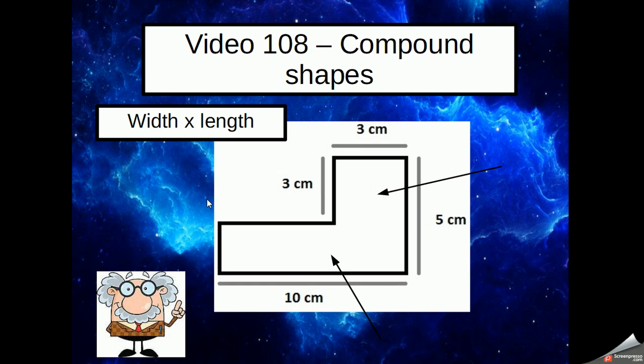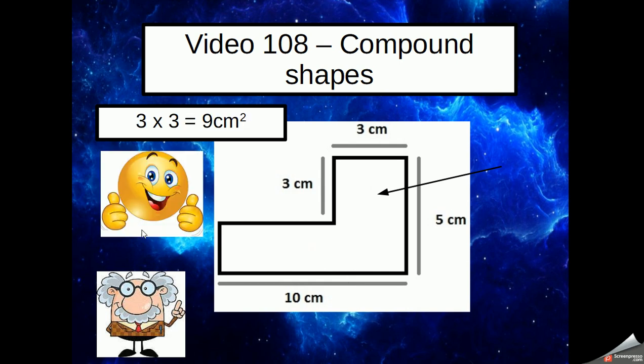So what if we wanted to work out the area of this shape? Well, we know that the area of a rectangle or a square is the width times the length. So if we can calculate the area of this square using that formula and then work out the area of the rectangle with that formula, we can add the two together and we've got the overall area.